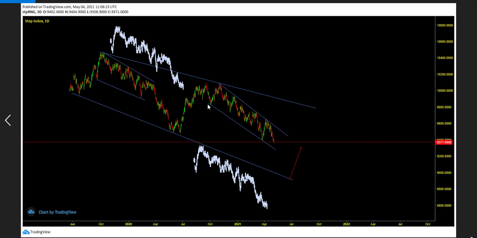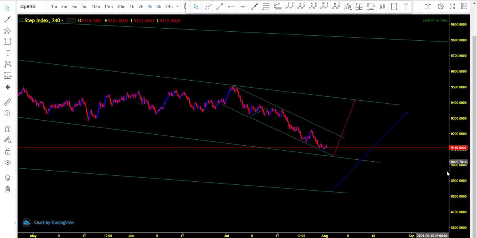The step index is now almost on the lower trend line here, and we're expecting to buy it a bit before we sell it again. So this week we are expecting to be buying step index from this lower trend line. Let's zoom in and look at the current price action that we have right now.